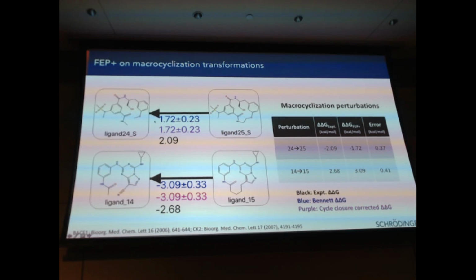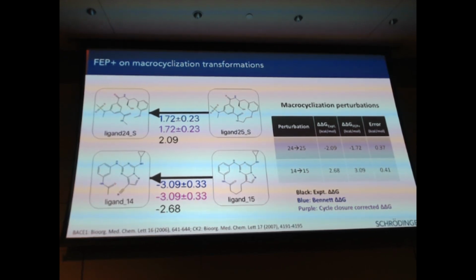First case, for a pair of BACE1 inhibitors, cyclizing the linear molecule into a macrocycle increased binding potency by about 2 kcal. In the second case, for a pair of CK2 inhibitors, cyclizing the linear molecule into a macrocycle actually decreased binding potency by about 2.7 kcal. And both effects were accurately predicted by FEP.